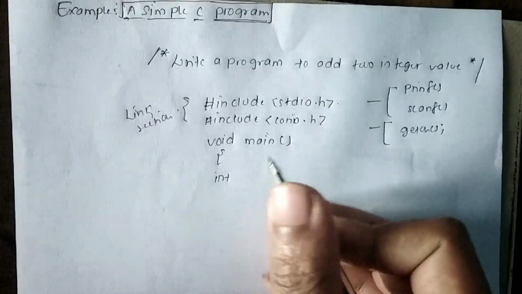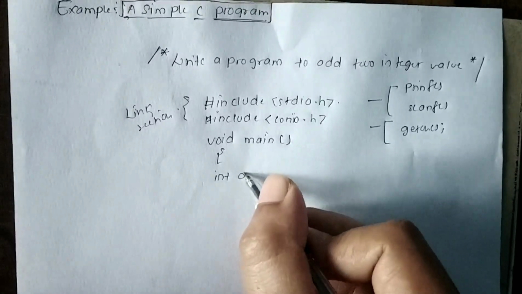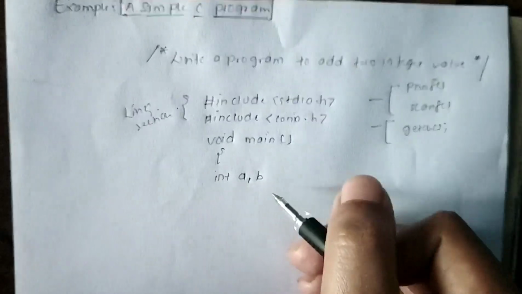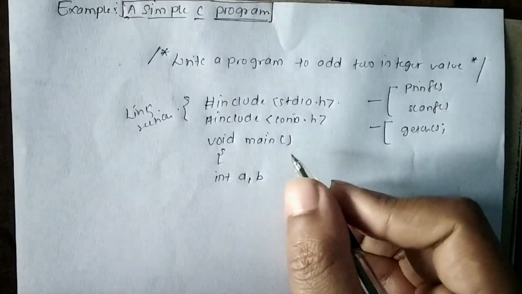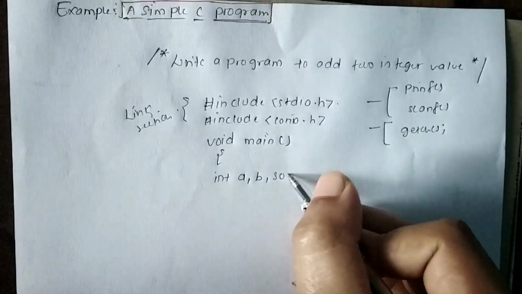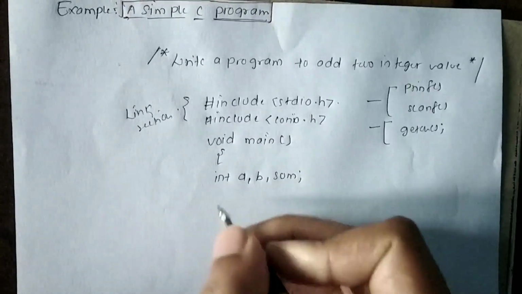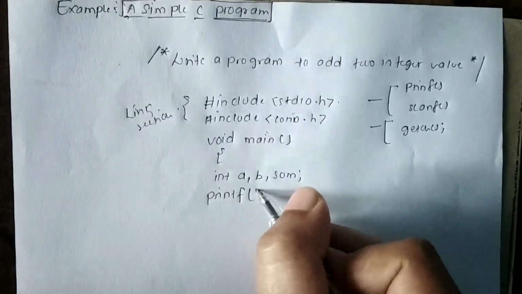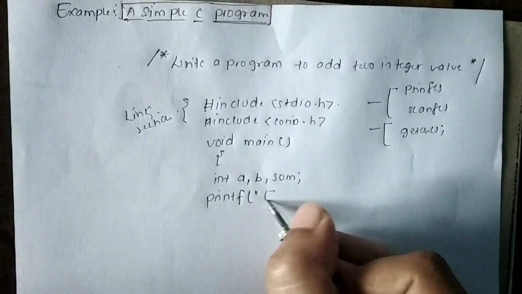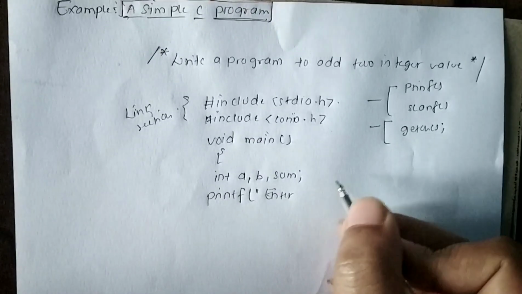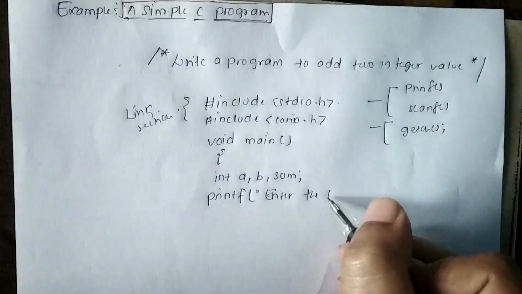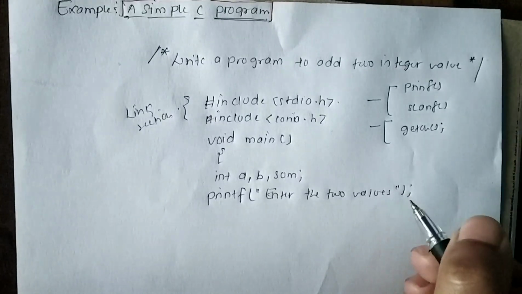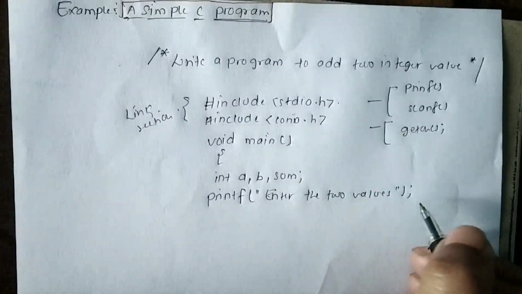Suppose you want to declare the integers a and b to enter two values and sum for the output. Here comes the printf, the output function. Enter the two values, closing with a semicolon.